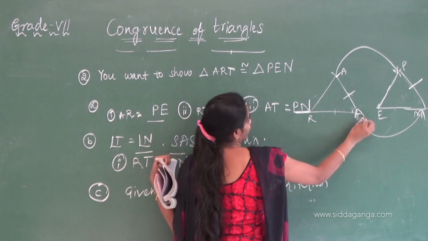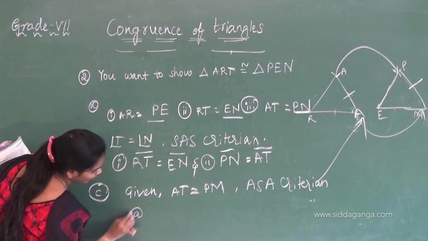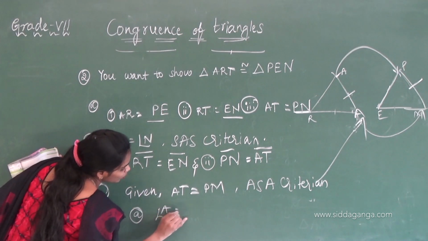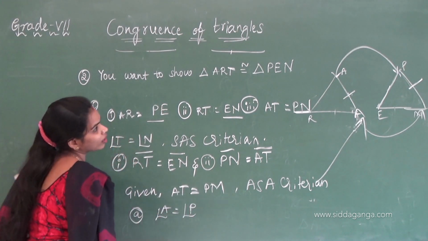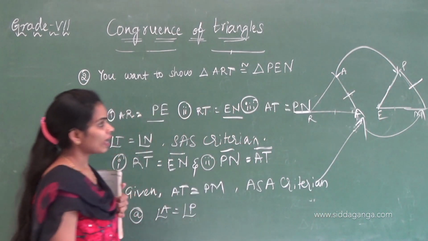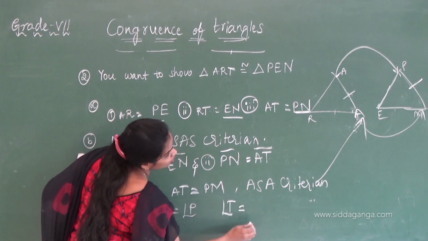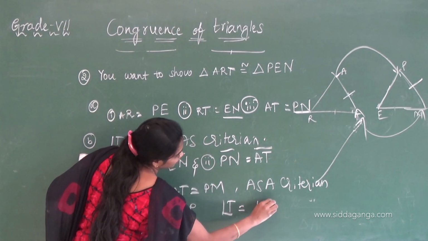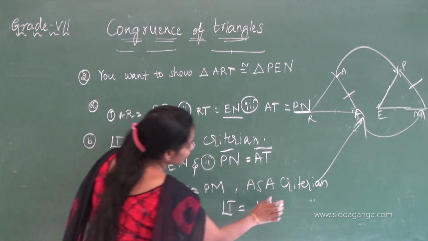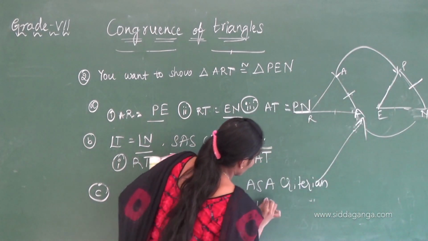What can be equal? Angle A is equals to angle P, and angle T is equals to angle M. Angle N, that is N.